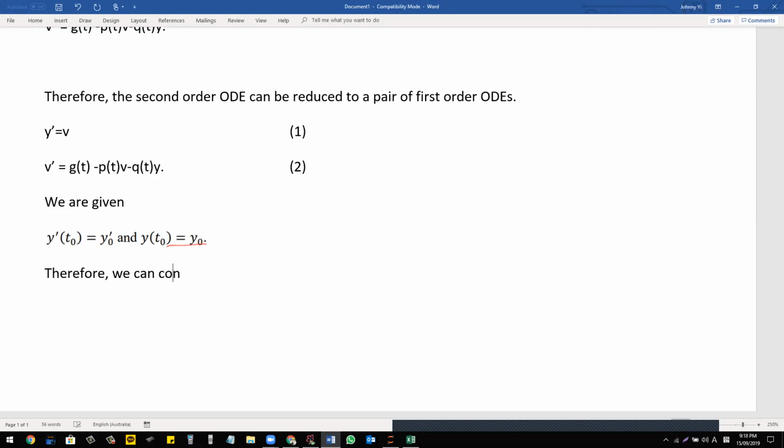Therefore, we can construct a table as follows.